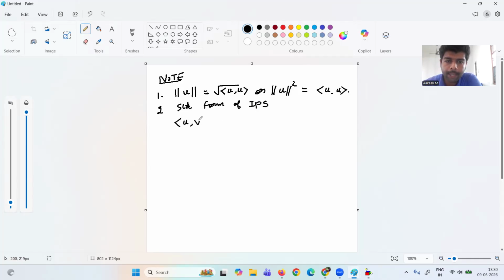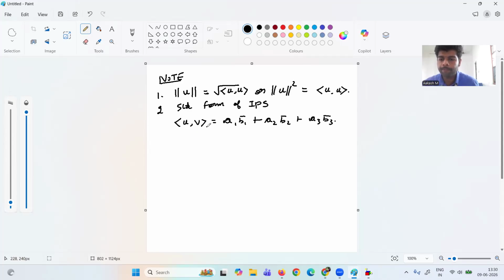Inner product of U comma V is equal to A1 B1 bar plus A2 B2 bar. In the second term you will take the conjugate, plus A3 B3 bar. This is the standard form of inner product space.